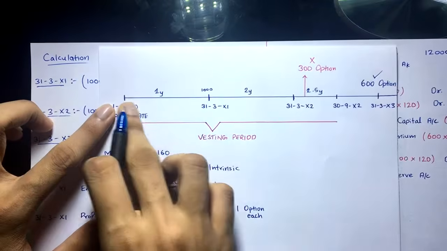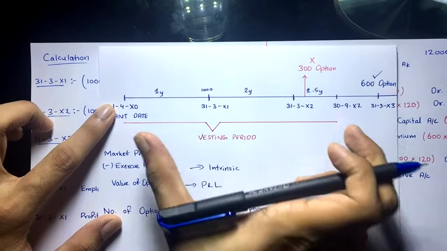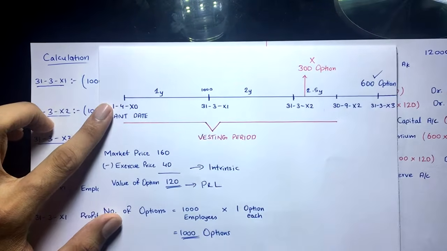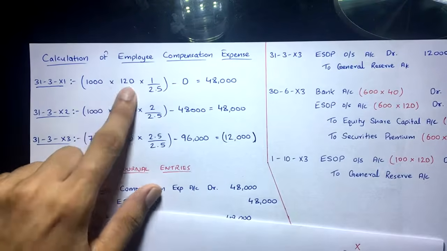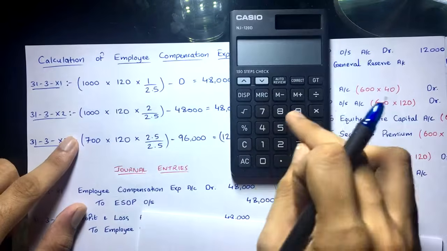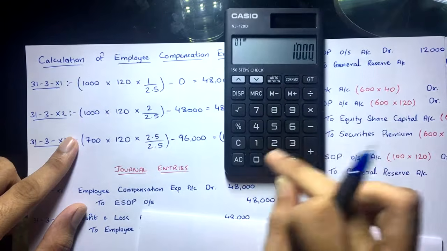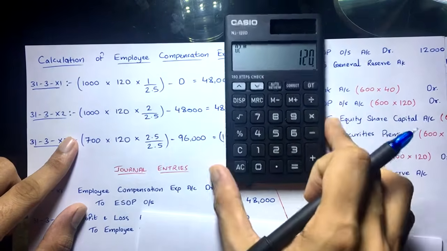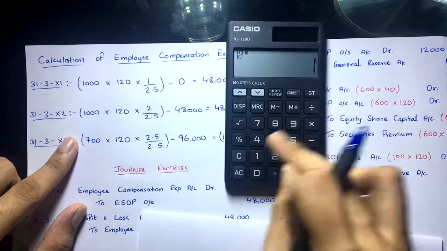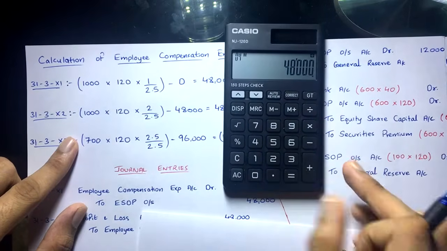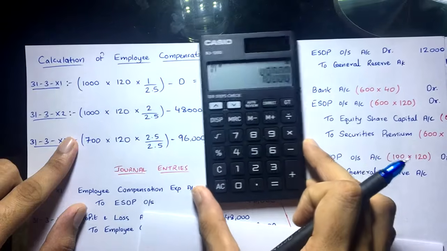How much time has passed? 1 year has passed and the total vesting period is 2.5. So put that into calculator: 1000 into 120 into 1 divided by 2.5, that is equal to 48,000, right?